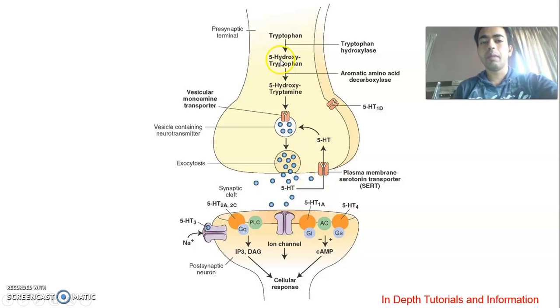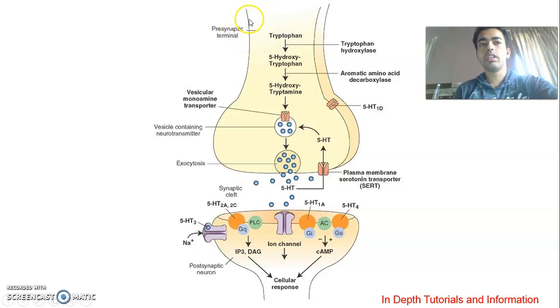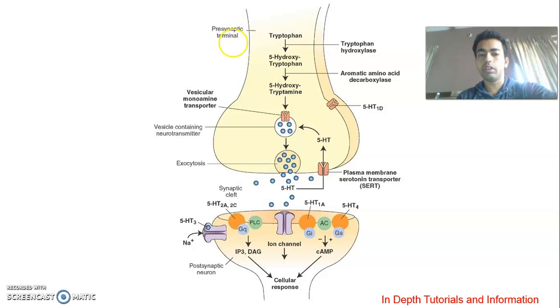Now in the presynaptic neuron, sodium along with an amino acid called tryptophan will enter. Here there is a transporter which we call the aromatic L-amino acid transporter. This transporter will take up the amino acid, in this case, what?